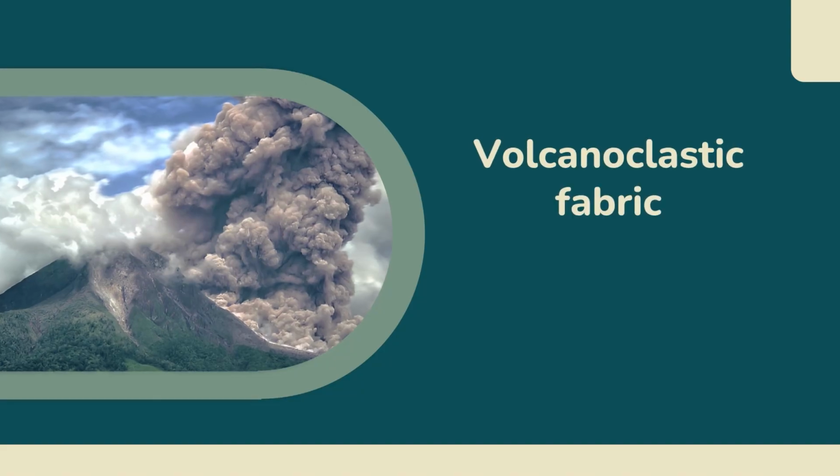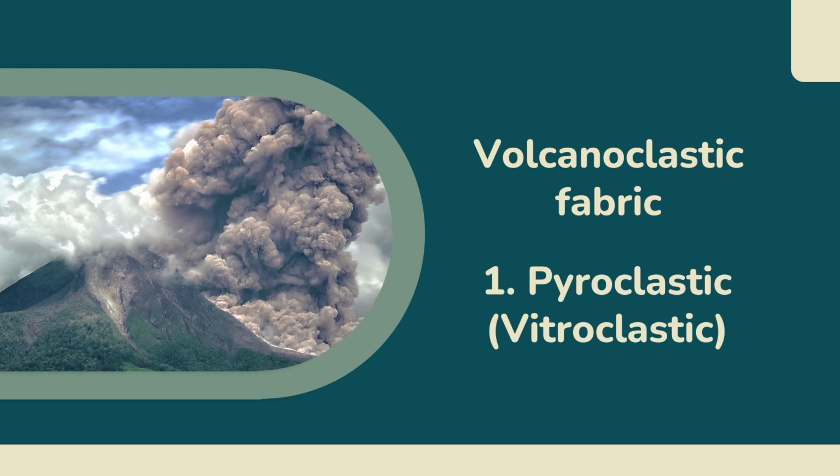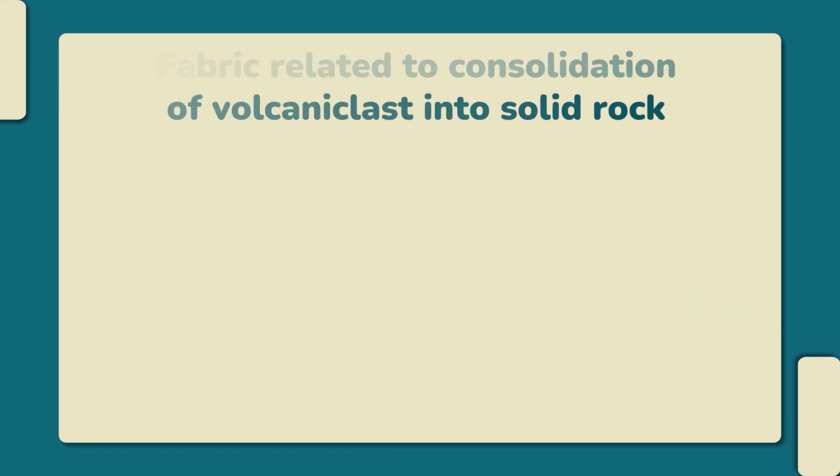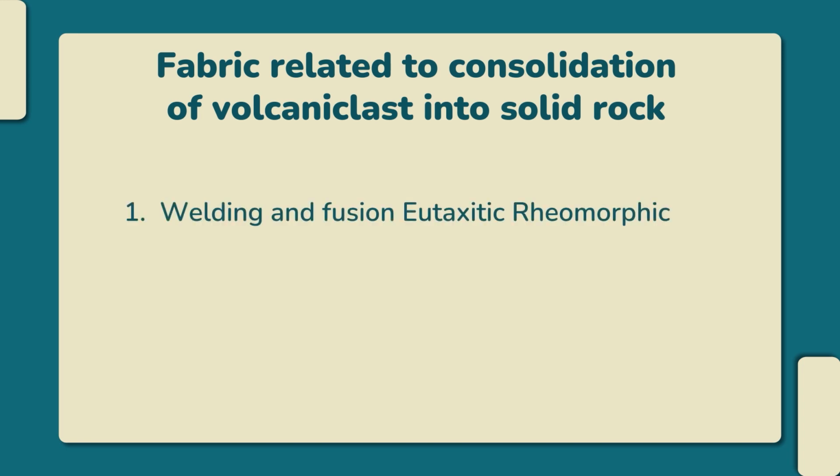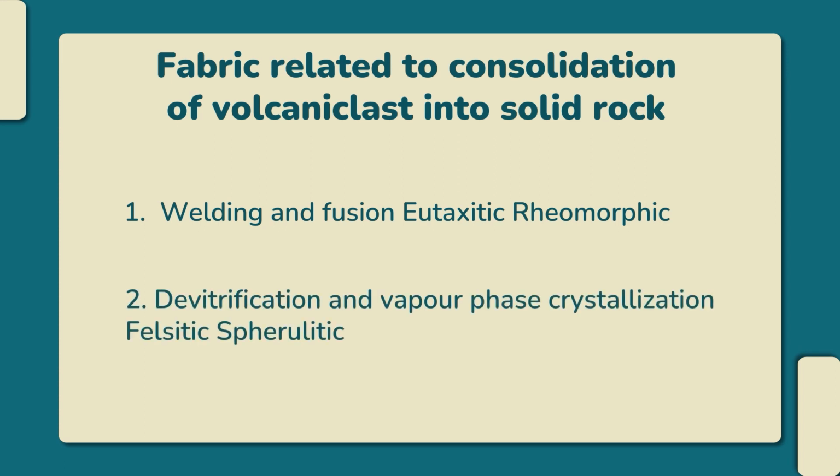Then we come to the volcaniclastic fabric, that is pyroclastic fabric. Pyroclastic fabric is related to consolidation of volcaniclasts into solid rock. One is welding and fusion, which is an exotic texture, rheomorphic texture, and devitrification and vapor phase crystallization, which are also felsitic and spherulitic textures.